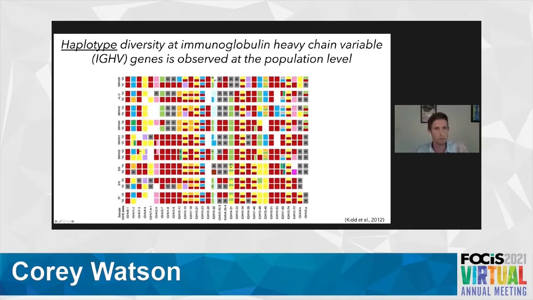So this is data from 9 different individuals, in which we can see haplotypes arrayed out here as these tiles, and each tile is colored by the allele identified. The take-home message really is that there are no 2 haplotypes in this figure across these samples that are the same. So there's really extensive diversity among individuals.